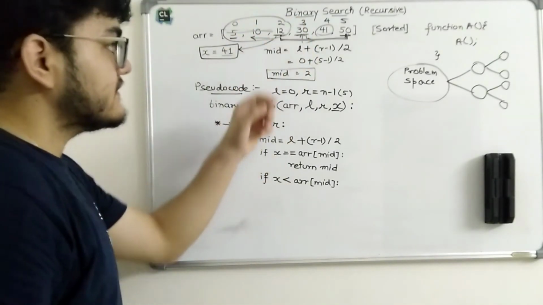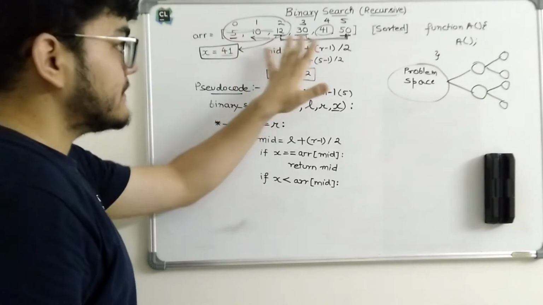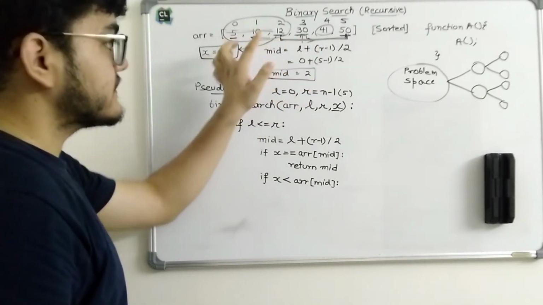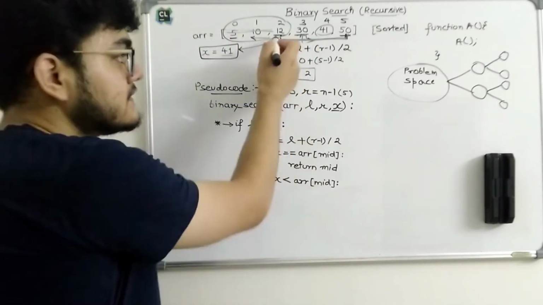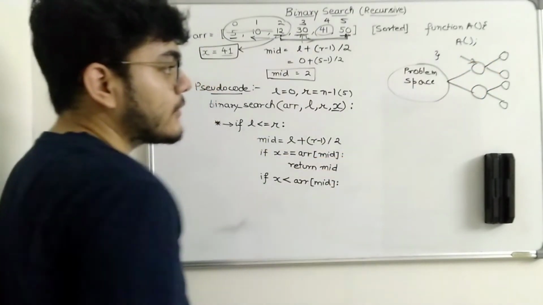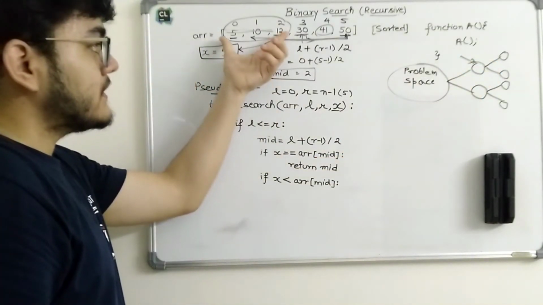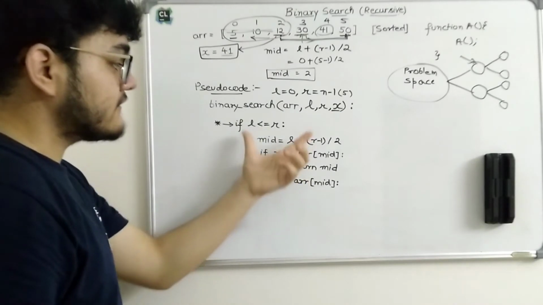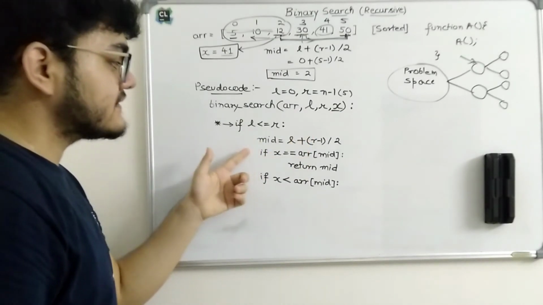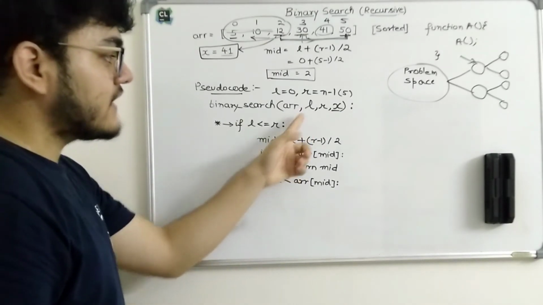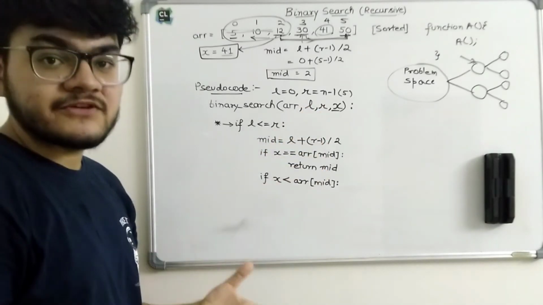For that, you can see that the whole problem can now be divided into this sub problem. This is going to become a sub problem. This sub problem will have the same algorithm, so we will have to apply the same algorithm, but you can see the value of left and right will have to change here.